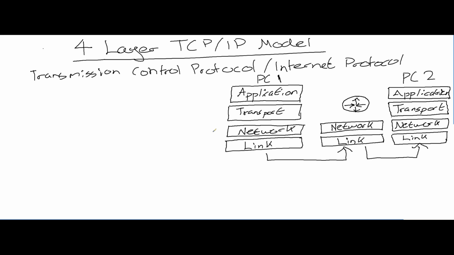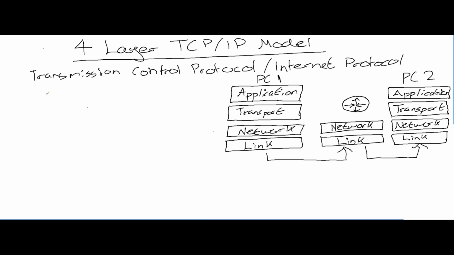As it descends the layers, going down from the application layer at PC1 down to the link layer at PC1, we've got our initial data being looked at the application layer, and then we're wrapping more and more metadata around that initial data in the packet that we're sending as we descend the layers. And then when we get to the routers along the way, and when we get to PC2, we're unwrapping it so that we can look at some or all of the data.